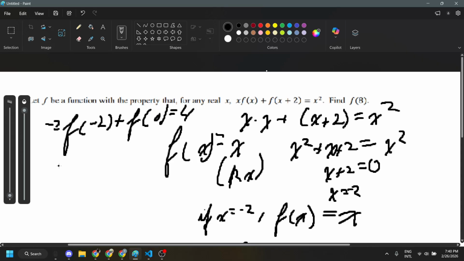Interesting. Okay. But we know this is equal to negative 2. So negative 2 times negative 2 plus f of 0 is equal to 4. f of 0 is equal to 0.